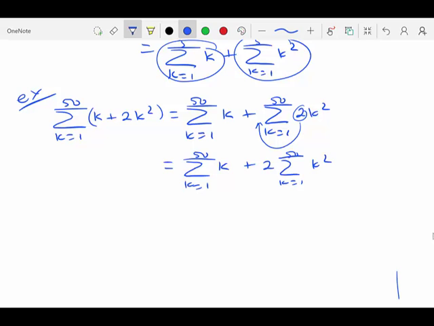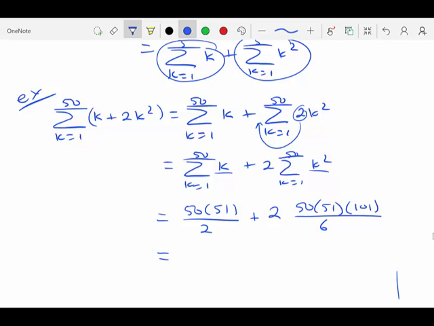And then I had those formulas from before, which if I'm adding up just k, that would be n times n plus 1, all divided by 2. And then 2 times the sum for k squared, which is 50 times 51 times 2 times 50 plus 1, which would be 101, all divided by 6.